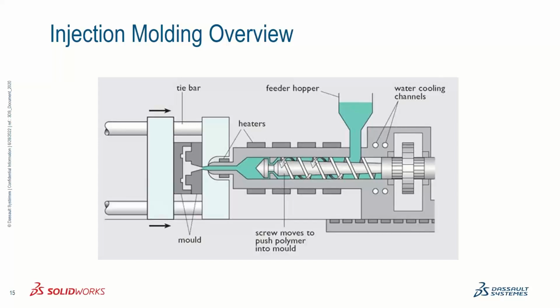The injection unit is where plastic is introduced into the machine. It gets melted and conveyed into the mold. And on the left-hand side, you have the mold clamping unit, which is where the mold is mounted, and the purpose is the machine provides enough clamping force to keep the mold closed during injection.